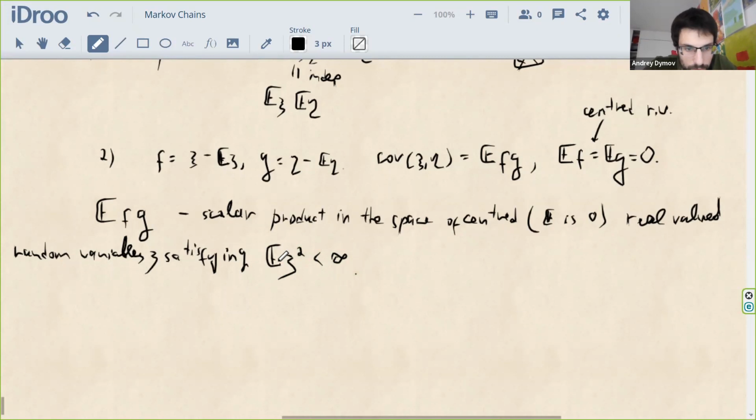So the expectation of the squared random variable should be finite. It is easy to check that this is a scalar product. So this is an exercise.